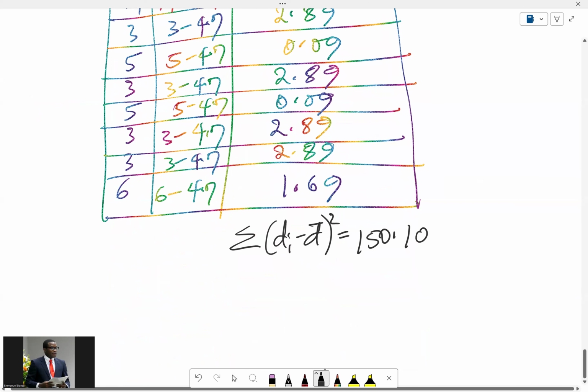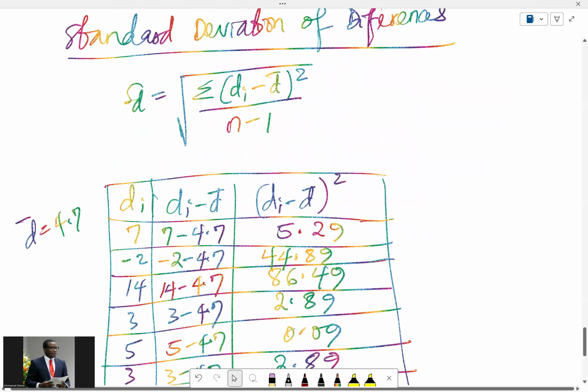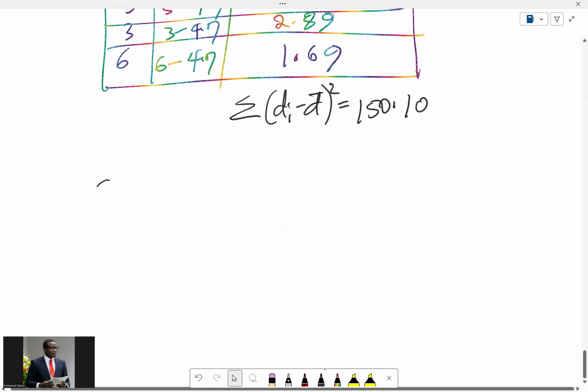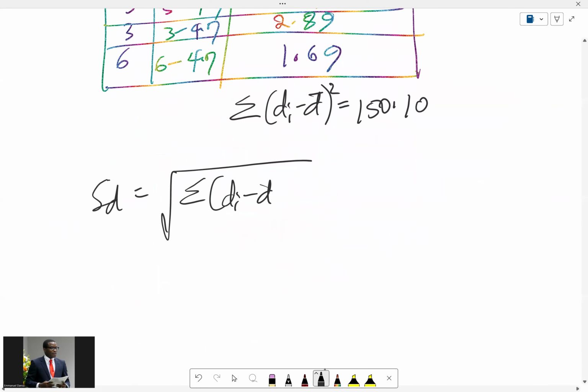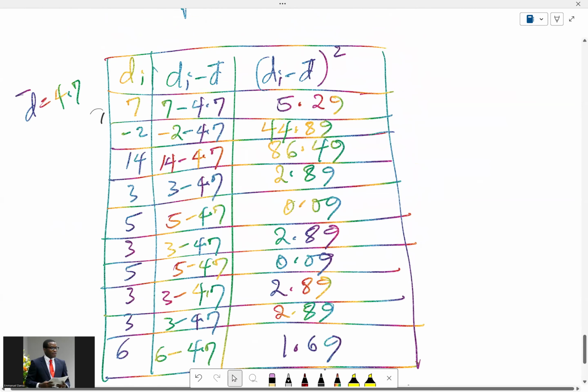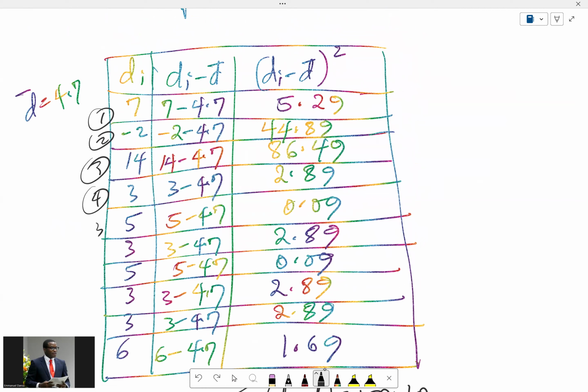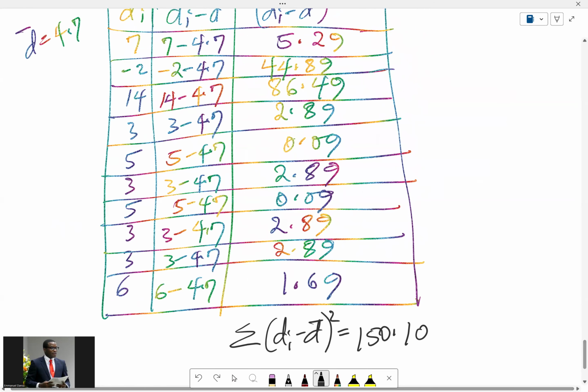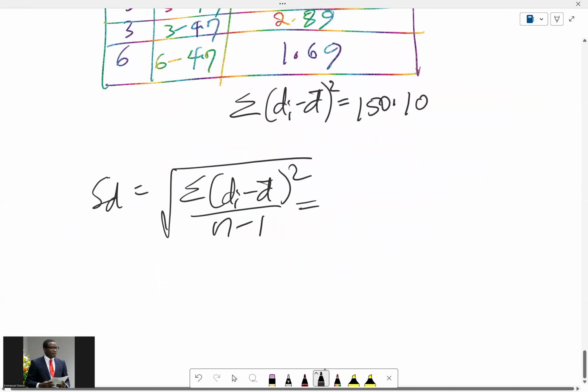Of course, now the standard deviation, again, I don't mind repeating: square root of the summation of all di minus d bar all squared divided by n minus 1. We have 10 pairs. The question already told us we have 10 pairs, so let's not waste time with that. So n is 10. This is the square root of 150.10 divided by 10 minus 1.